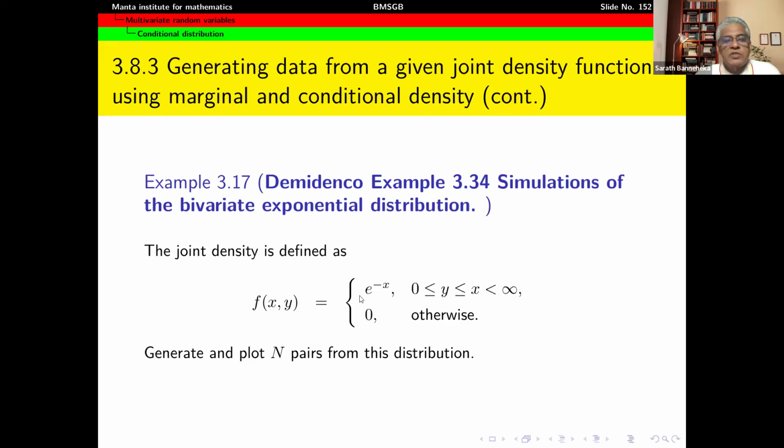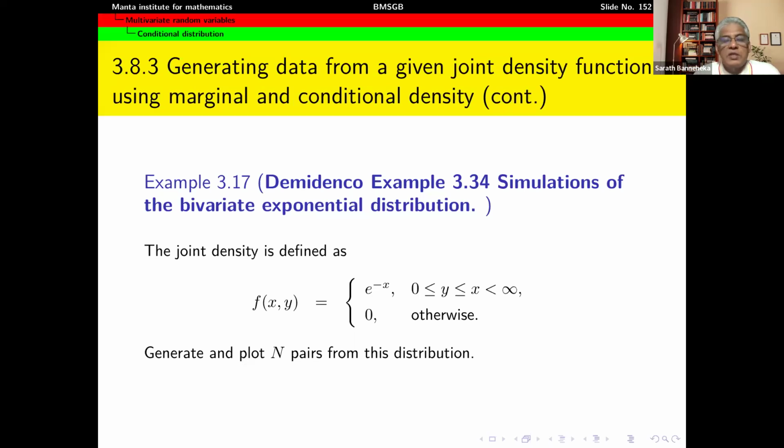In this joint density function, the support contains x and y both. That is, we are looking at a certain subset in the real plane. But of course, the density function here involves only x, right?